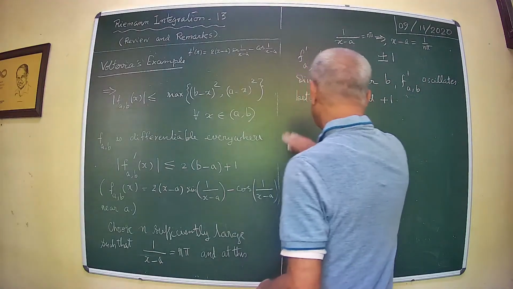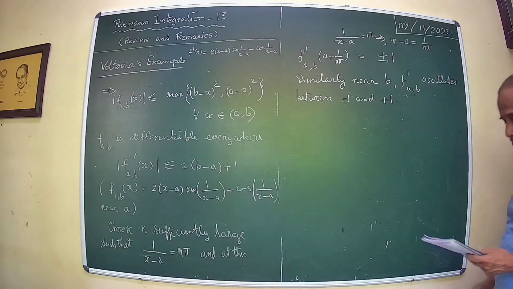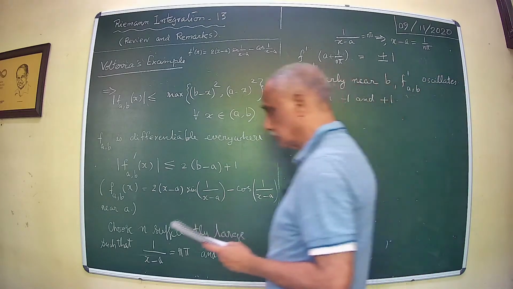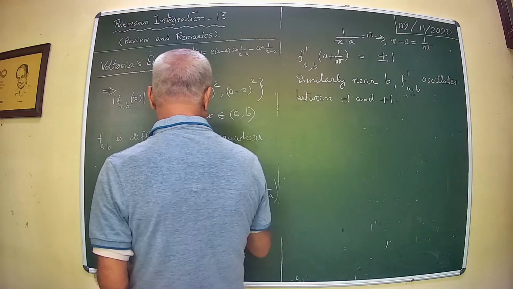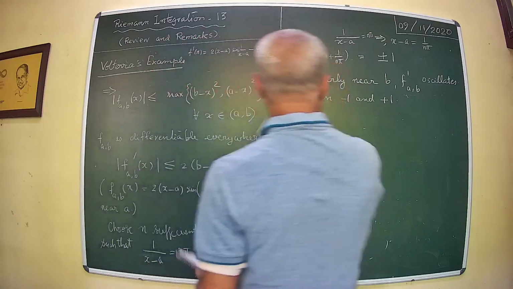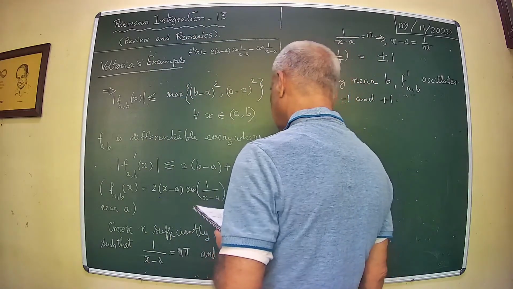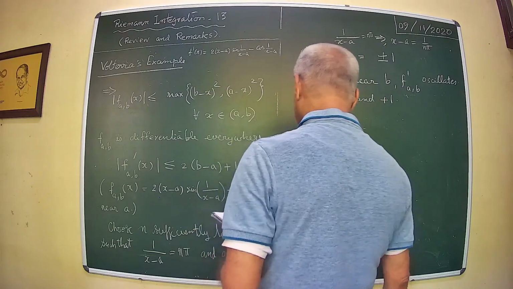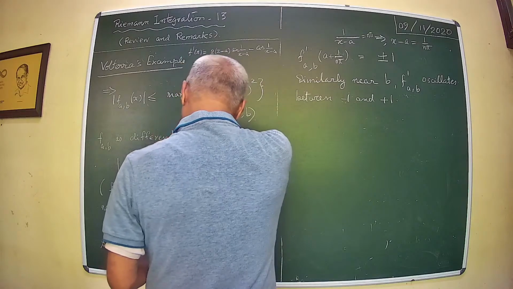So we have these estimates and we shall need to use them properly. It is because of this term, this is the term that is going to be relevant at a plus n pi, or the corresponding points on the other side. So you get this term either becoming plus 1 or minus 1.